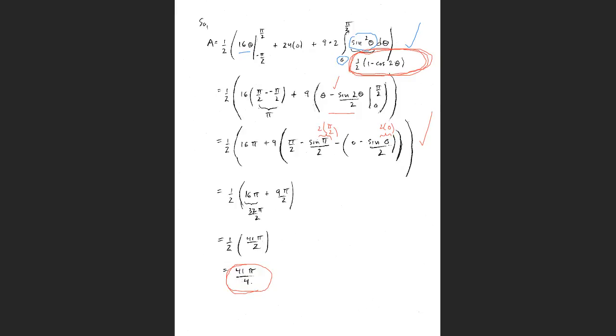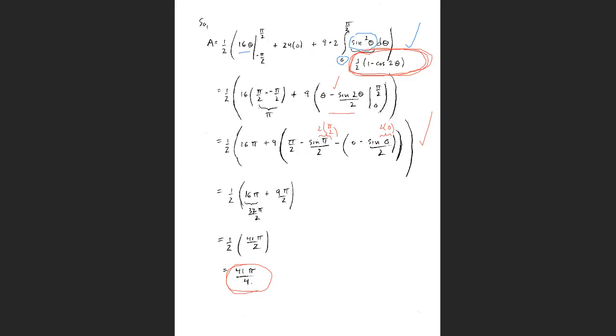Marcus, in Appendix C, they have all the trig identities you'll ever need. Okay, very good. So you're probably used to seeing sine squared of x equals 1 minus cosine of 2x all divided by 2.